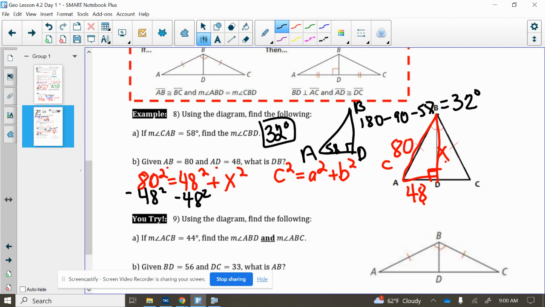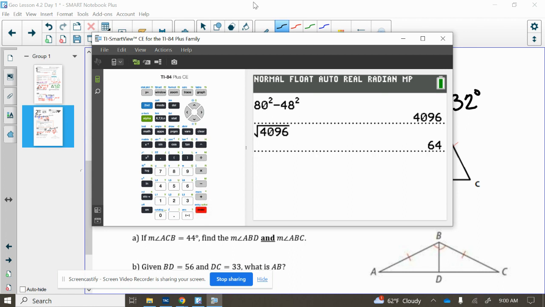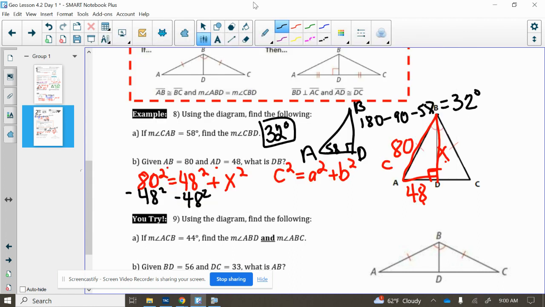So if we take 80 squared minus 48 squared, x squared equals 4,096, and we will square root that answer to get our final side length of 64. So again, don't forget that when we have x squared, we will need to square root to get our final answer here of 64.